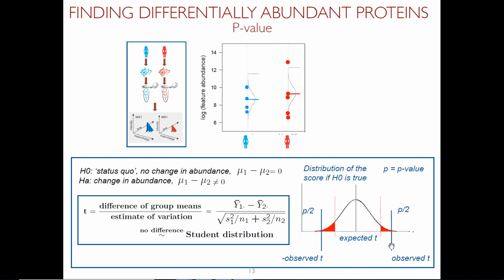So the area to the left of the negative observed signal-to-noise, plus the area to the right of the positive value of signal-to-noise, is the p-value. And so we see already that if the p-value is less than alpha, it means that we are in the rejection region. And if the p-value is larger than alpha, it means that we're not in the rejection region.